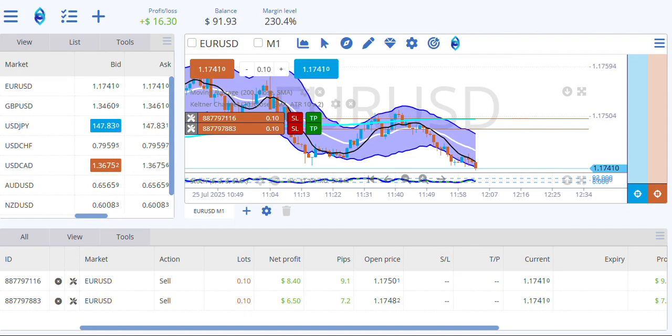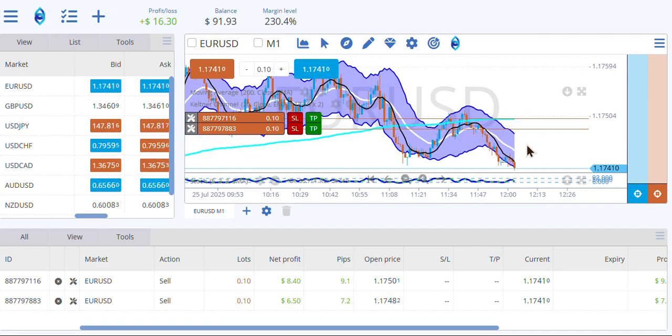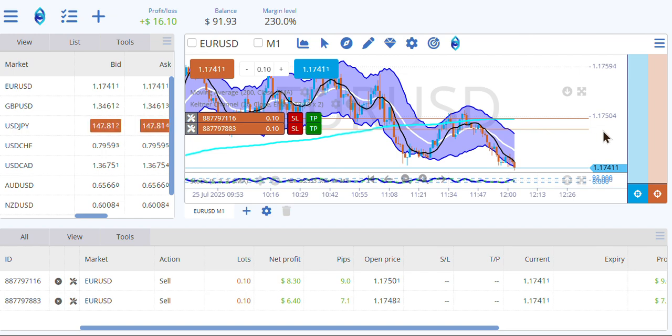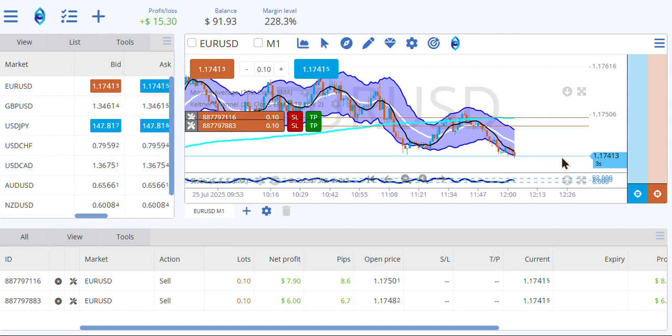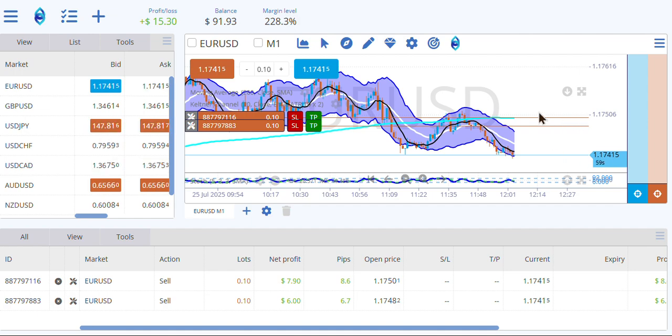Let's take a look at our trade. We're at $16. This is where I got in at. My two red lines show where I got in at. The blue line shows where the market is right now. The market is at $1.17.